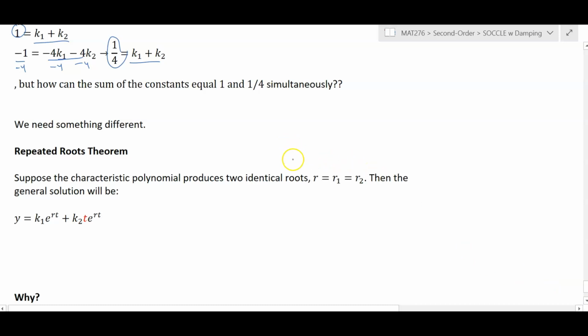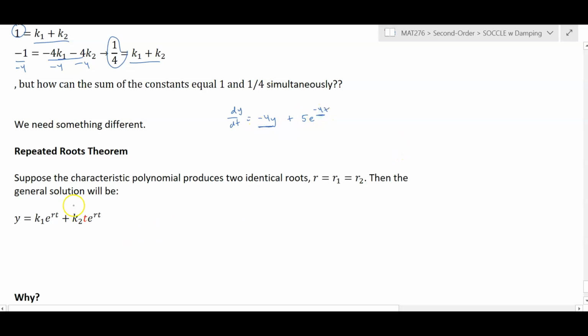And this one might look familiar. This actually occurs also whenever we have first derivatives where they look something like this. Something like negative 4y plus, I don't know, 5e to the negative 4t, where the coefficient here and the coefficient here are the same.